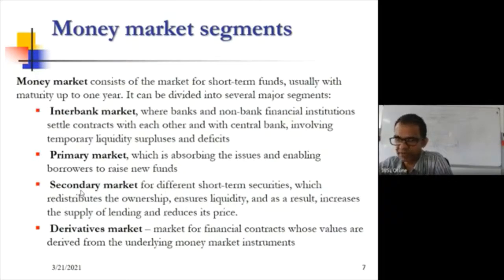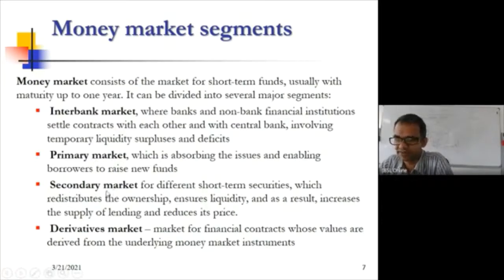So even in the money market, there can be a primary market. Treasury bonds, that's a capital market product. There can be a primary market. And even in equity markets, there's a primary market. So this is not something unique to the money market. But still we can segregate primary money market and secondary money market.